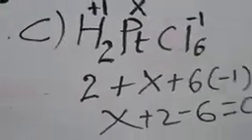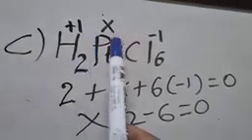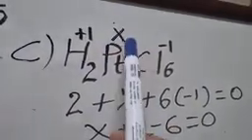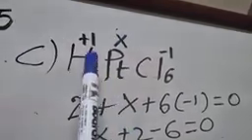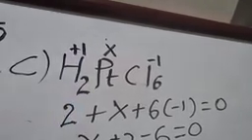Under question number 1C, this is chloroplatinic acid. We are required to calculate the oxidation state of platinum in this compound. We assign X for the unknown oxidation state of platinum, and hydrogen is obvious, +1, so 2 times +1 becomes +2, plus X, plus 6 times -1.